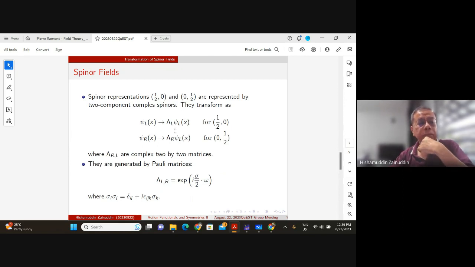They will transform under Lorentz transformation as well, but the way this Lorentz transformation comes in will be from complex 2x2 matrices. So this makes the connection to SL(2,C) that we see.